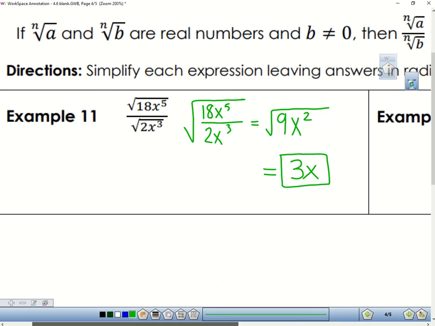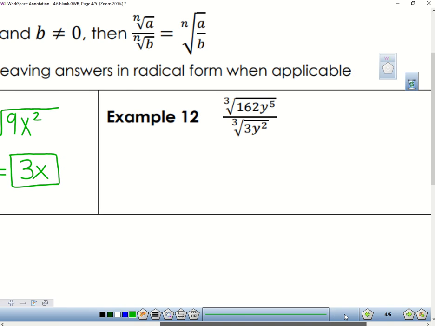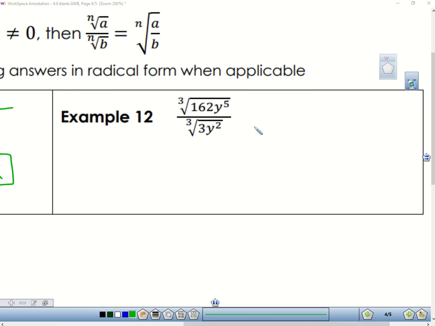Okay. Next one is example 2. So these are third roots, so make sure you put it under one big third root, not a square root. So this is 162 y to the 5th over 3y squared.